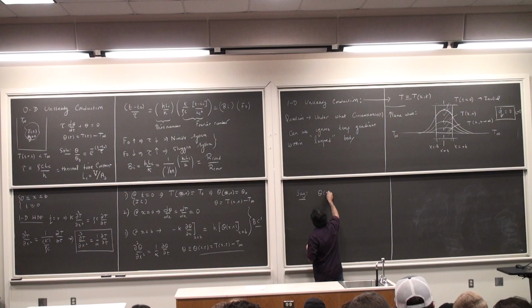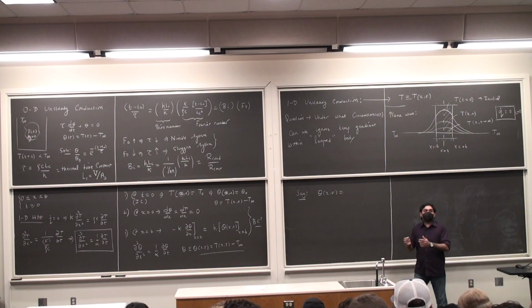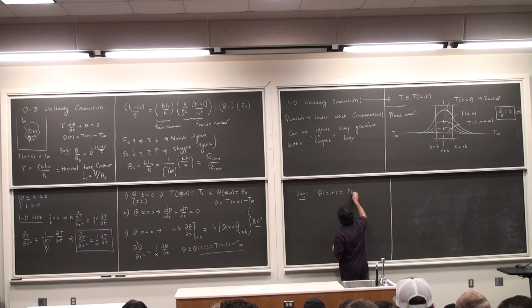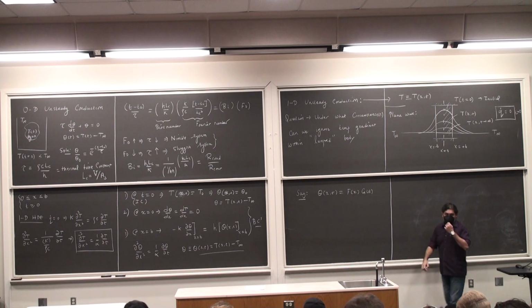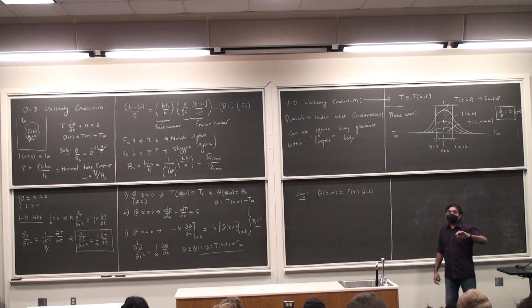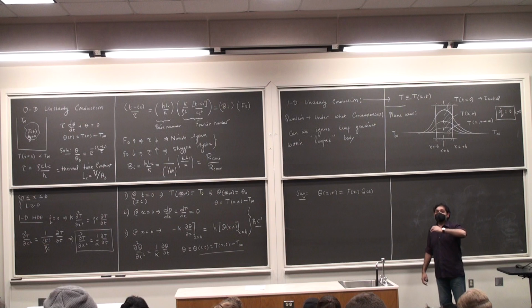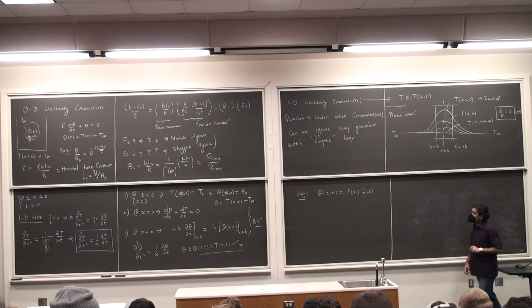theta of x comma t is going to be written as a function of x and some unknown function of t. Okay, so they're both homogeneous, they're not mixed. F is a function of x only, g is a function of t only. This is a solution candidate. Okay, this is called variable separation.